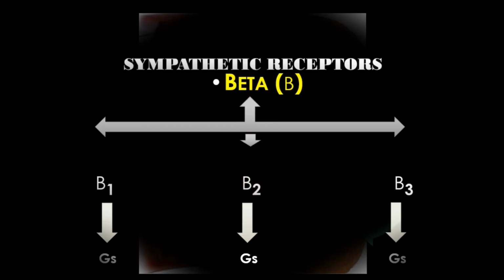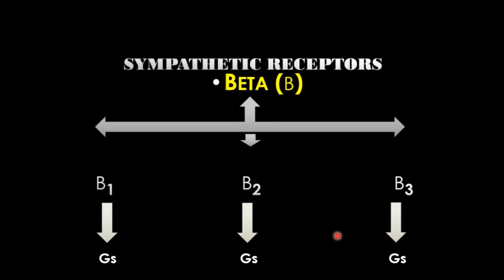Now, what is the other family of sympathetic receptors? That is the beta receptors, and they are subdivided into beta 1, 2, and 3. All these beta receptors are again G protein coupled receptors, and they are linked with Gs, that is stimulatory.